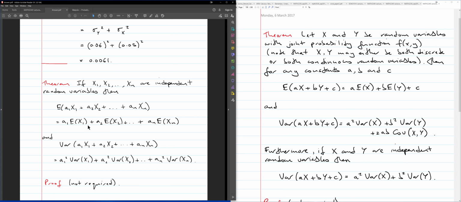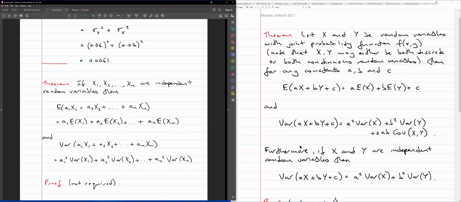So this is a more general result than the one given over here. Notice over here I don't have a plus a constant. This is just a sum of random variables. Here, you allowed adding a real constant. In this case, you don't have a real constant, but aside from that, it's a similar result.